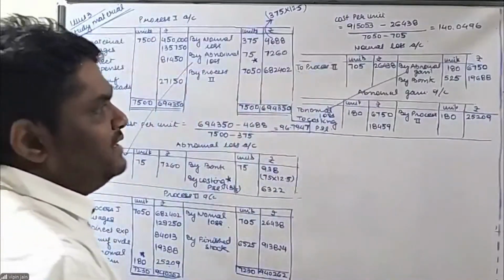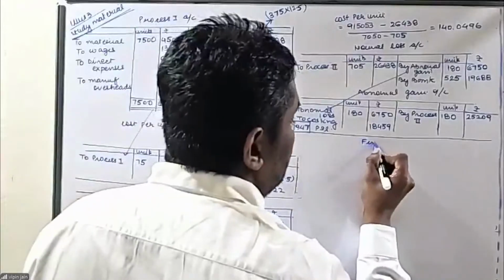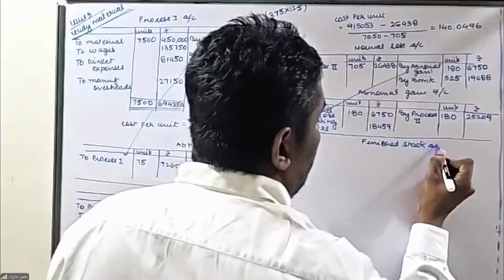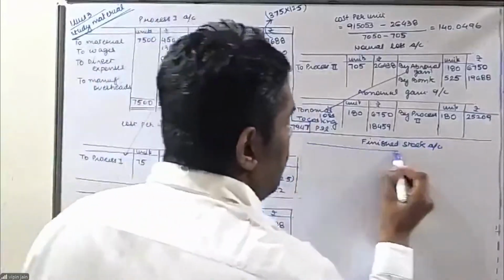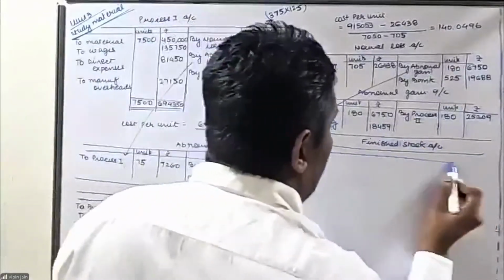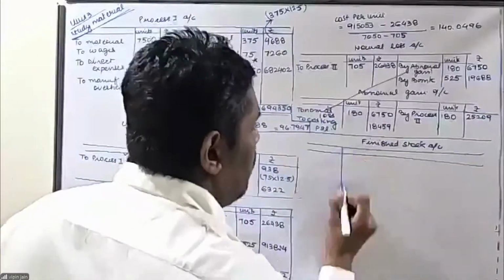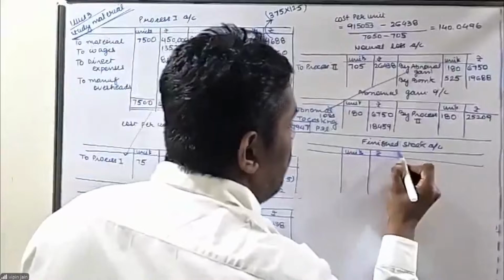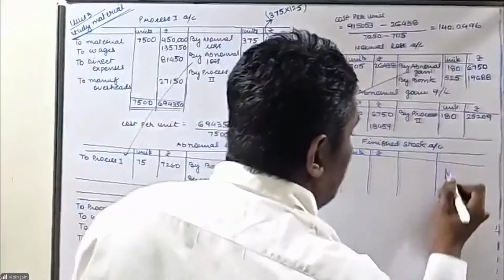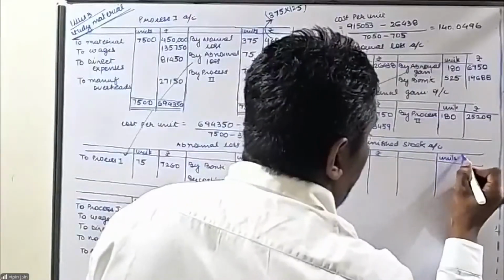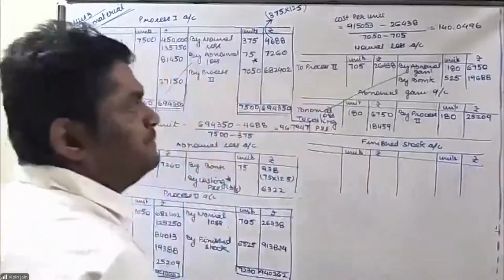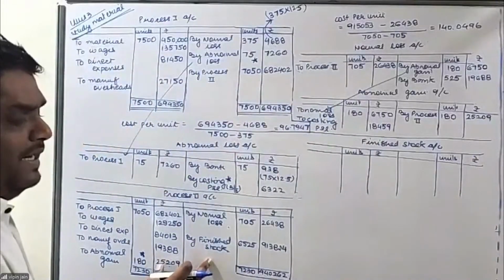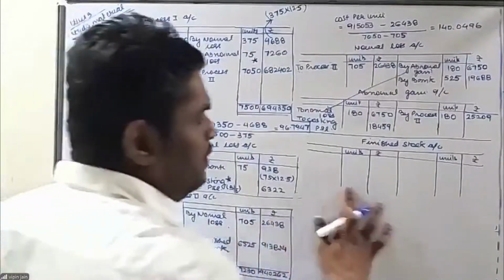Now let's prepare the finished stock account. So herein the finished units from process second are transferred to the finished stock account.